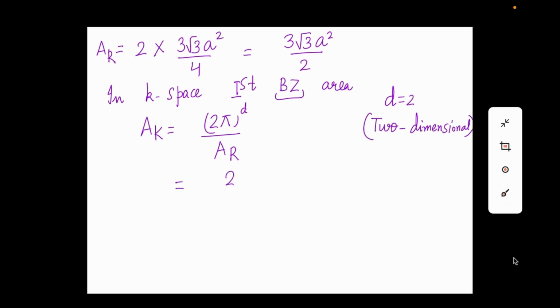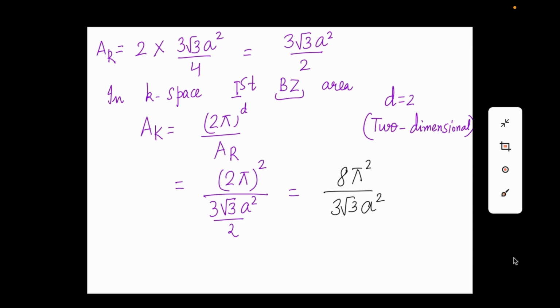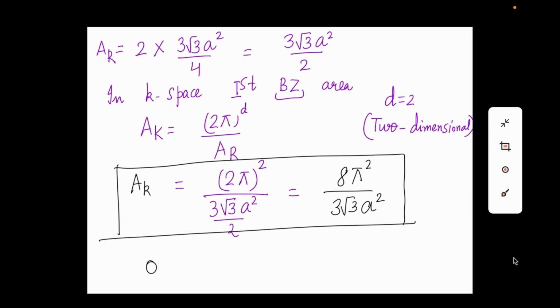So this would become (2 pi) squared divided by 3 root 3 a square by 2, and this would give us 8 pi square by 3 root 3 a square. So this is what you get, and this is the correct option, which is option A.